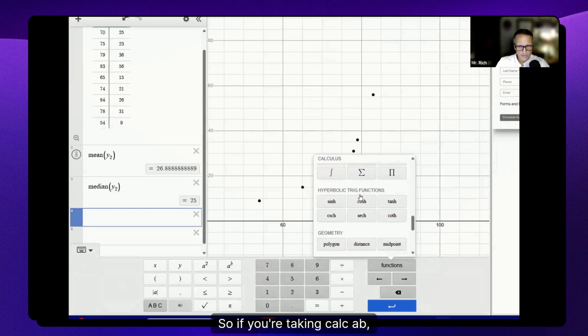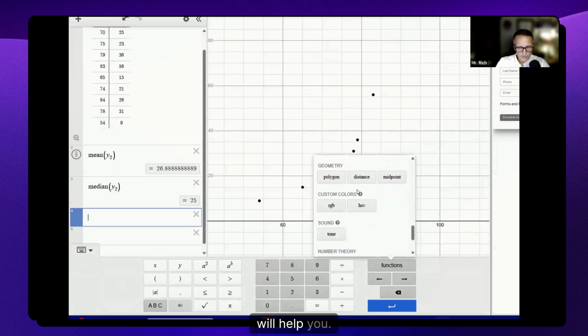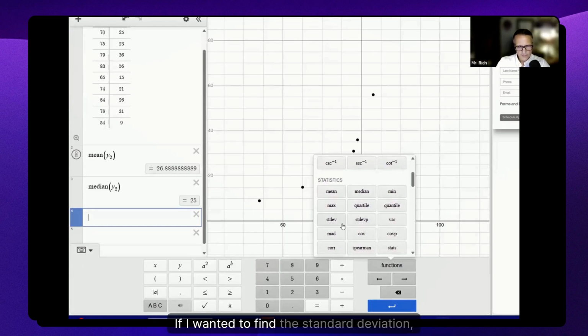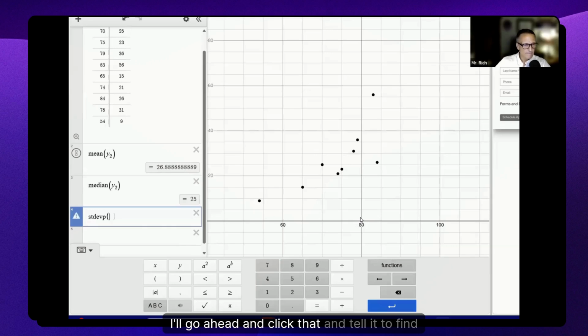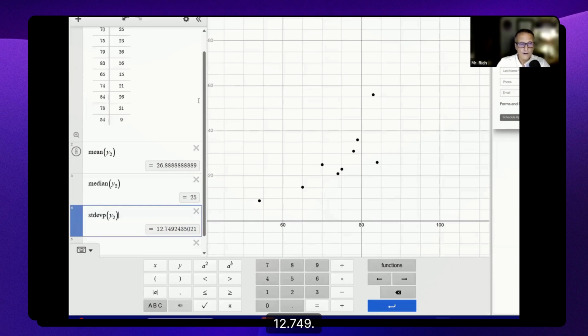So if you're taking Calc AB, there's a lot that you can do here in Desmos that will help you. What I want to show you is these statistics here. If I wanted to find the standard deviation, there's two standard deviations. There's a sample standard deviation and a population standard deviation. I'll go ahead and click that and tell it to find the standard deviation for the number of cones, 12.749.